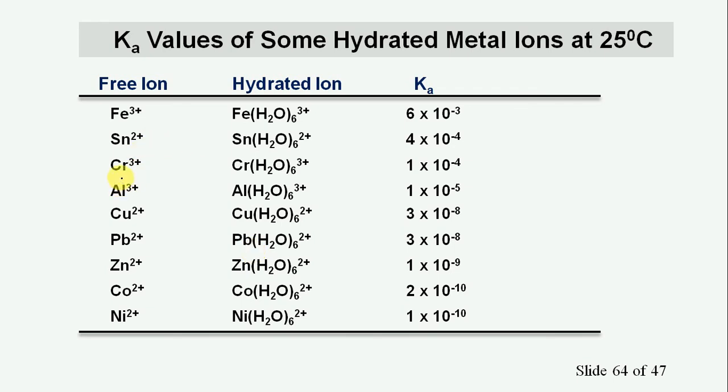Here for aluminium 3+, the value is larger in comparison to copper 2+. So the complex with coordinated water for aluminium is more acidic in comparison to the copper complex.